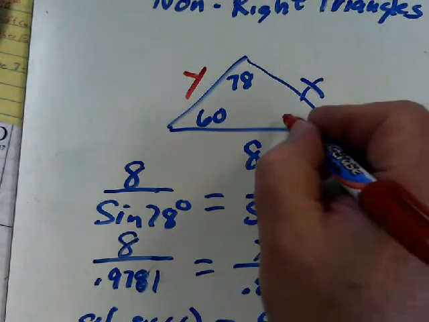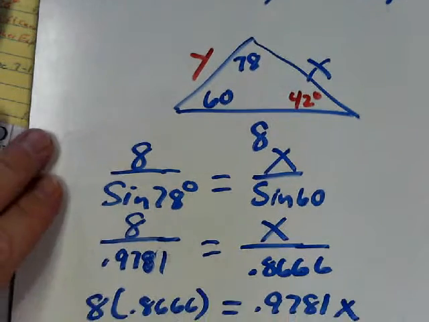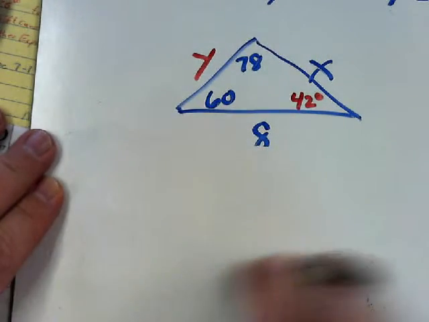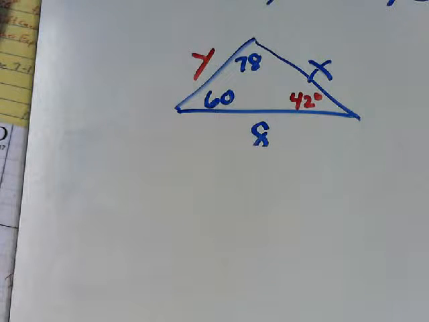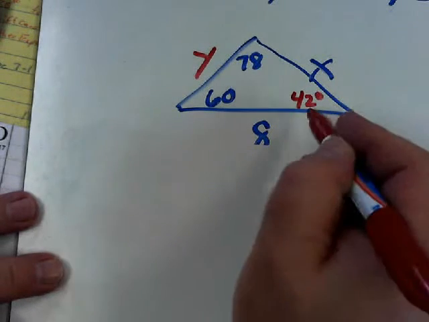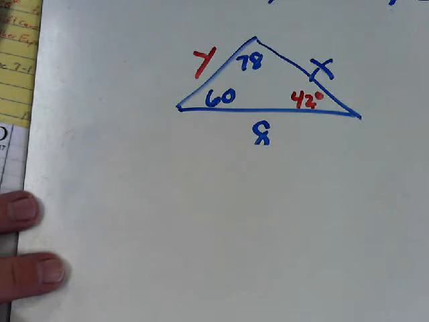So you're saying this angle should be 42? Yeah. Okay? So if I'm finding Y, by giving two angles and a side, do I even have to worry about the X? No. Okay? So now that I want to find Y, I had to find this angle, which we know in a triangle, they all add up to 180 degrees, don't they?